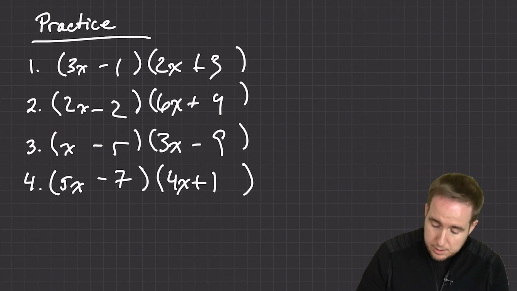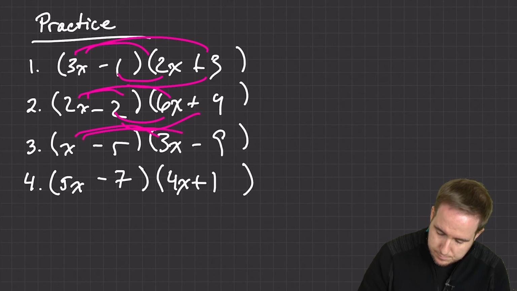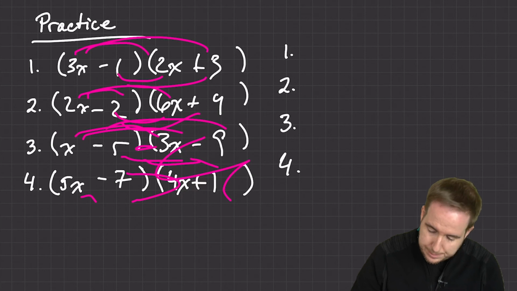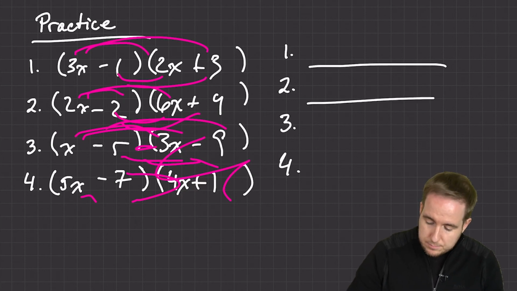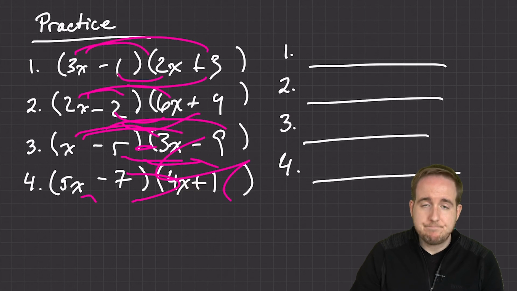And now you do these 4 questions. So take a piece of paper, do them, distribute. You get the idea. But now you have 4 answers. And you copy out the 4 answers, just the answers, and give them to a friend.